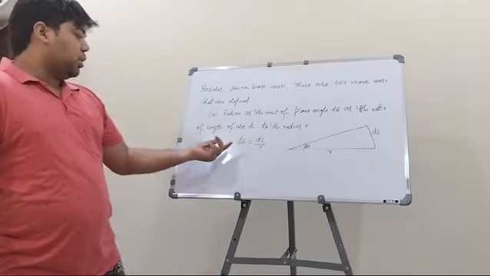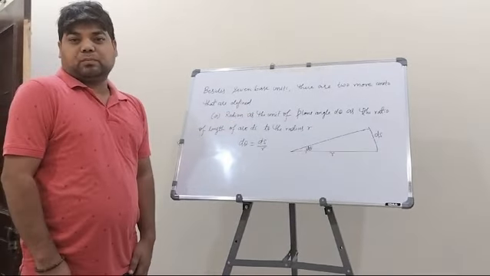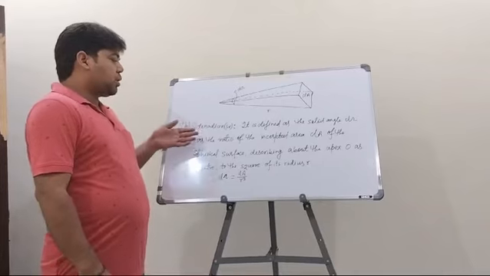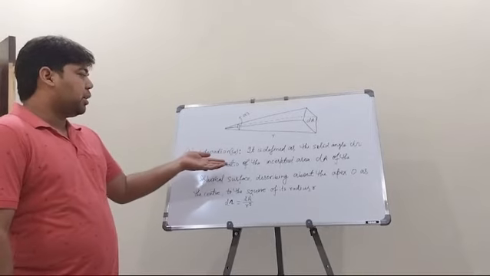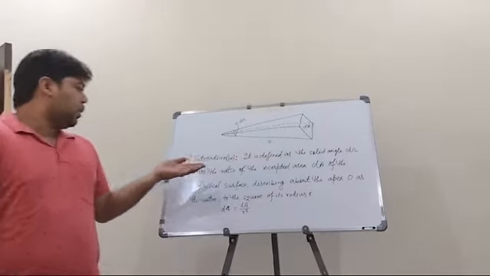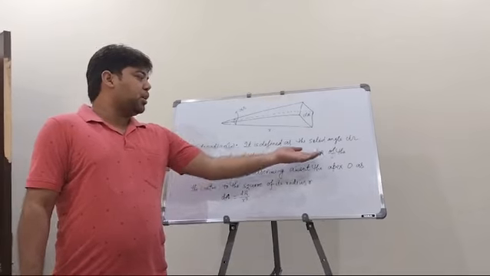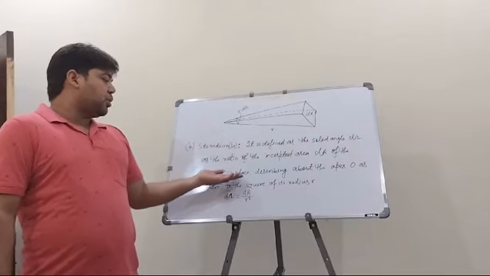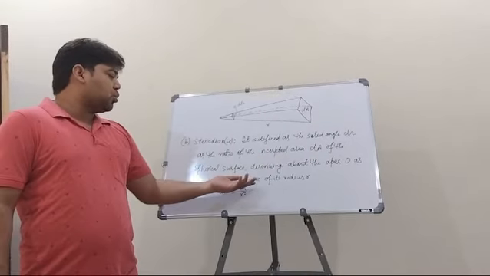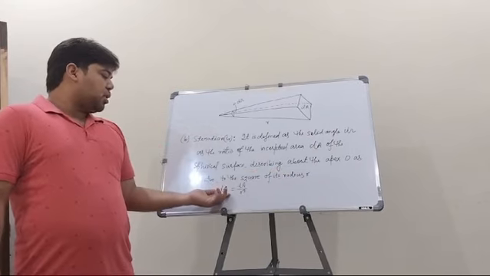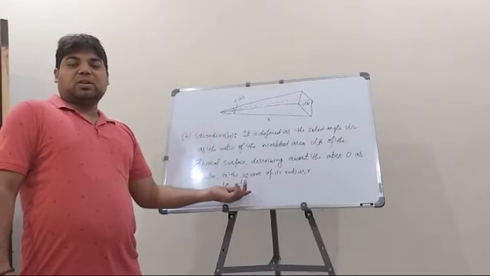So the unit is radian. Steradian is another unit, which is a unit of solid angle, and it is defined as the solid angle d omega as the ratio of the intercepted area dA of the spherical surface, described about the apex O at the center, to the square of its radius r. So d omega is defined as dA divided by r square.